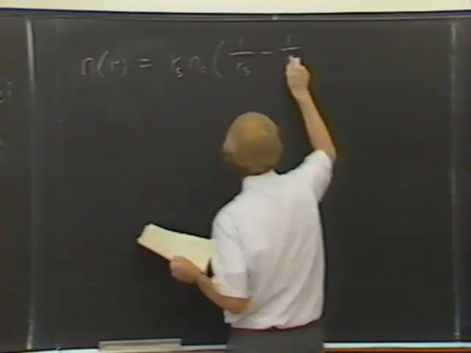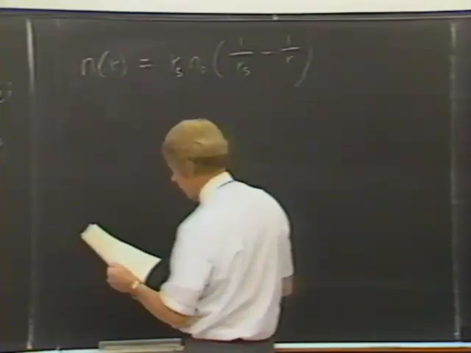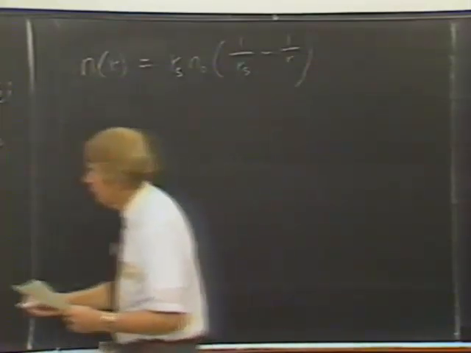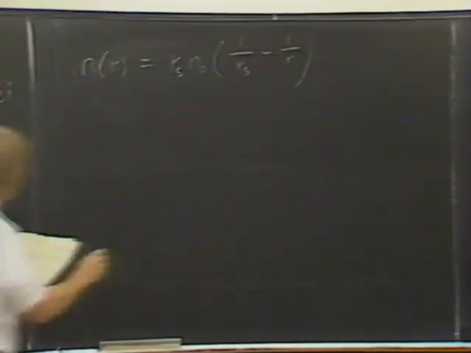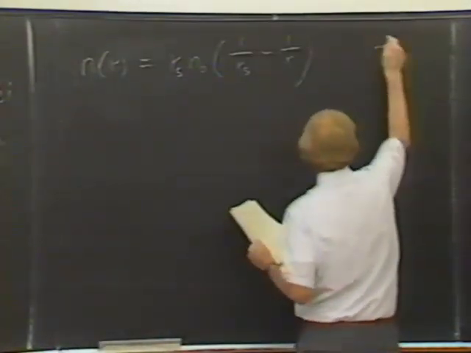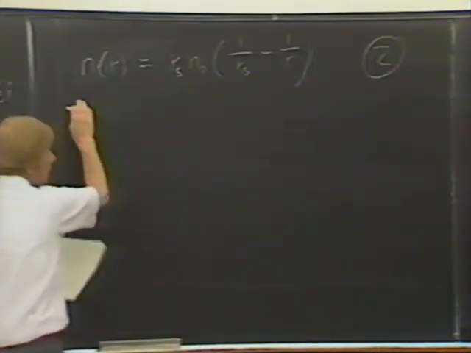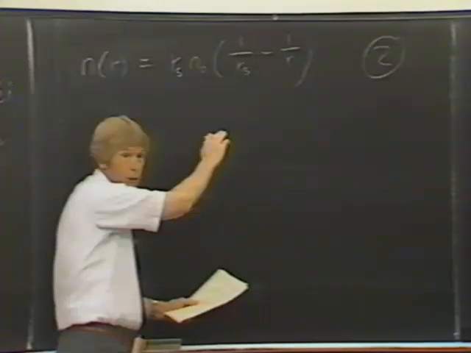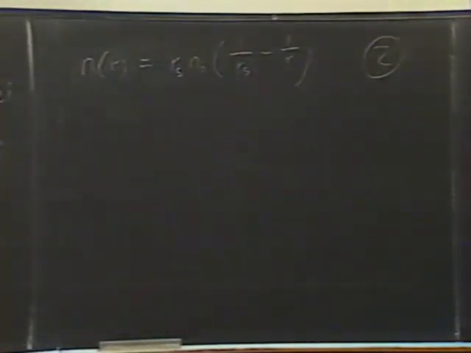I'll call this equation 1, and this we'll call 2. So this gives us a distribution of particles around an individual particle. Okay, we're looking at one particle. It's a distribution by number concentration of particles all around this one particle.